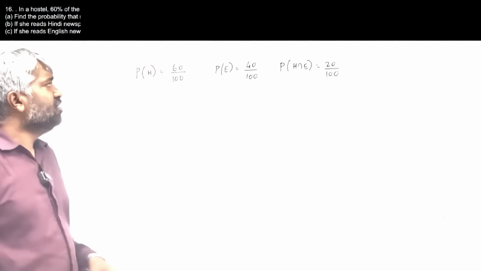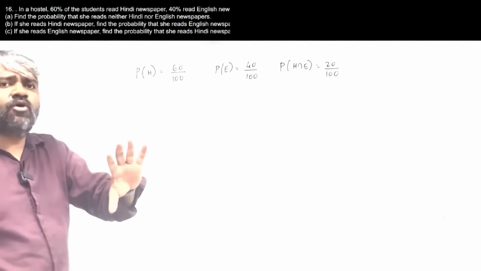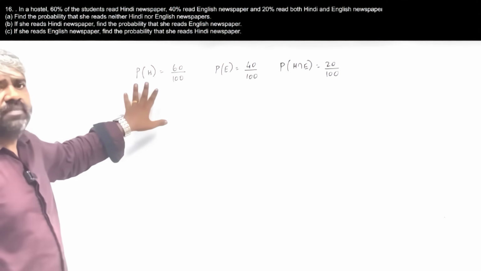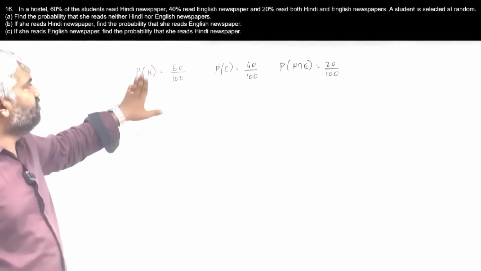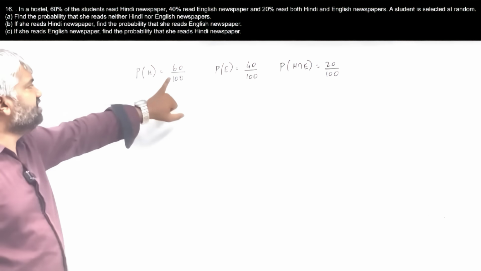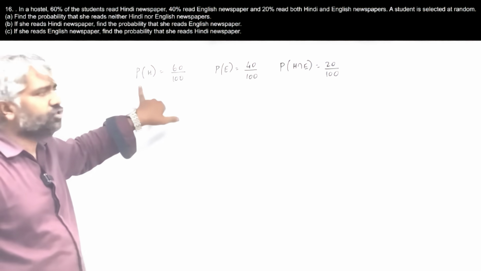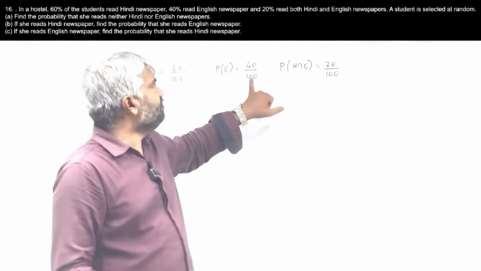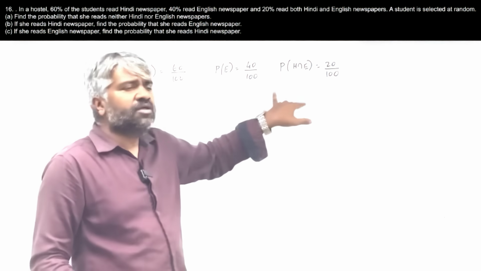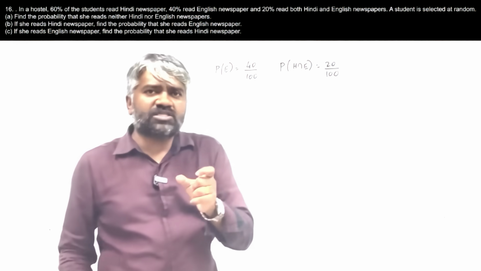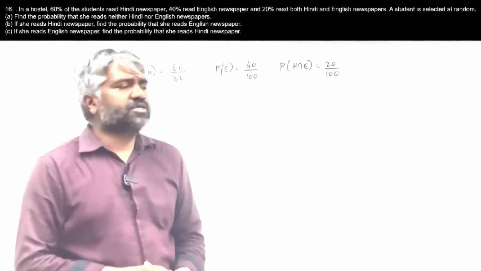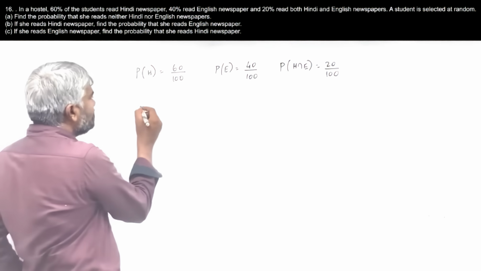In a hostel, the students read certain types of newspapers. When they made a survey, out of the students in the hostel, 60% read Hindi newspaper, 40% read English newspaper, whereas 20% of the students read both the newspapers. Now we will solve the first subdivision.